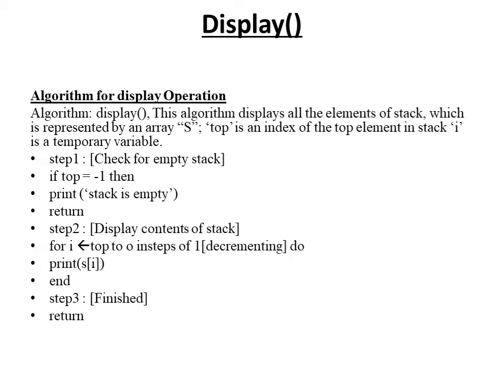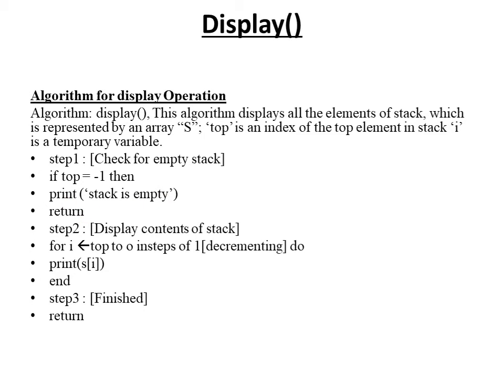Now I will explain step by step. Step 1: check for an empty stack. If top equals -1, then print stack is empty, because -1 is less than 0, that is, it is not a valid address in the stack, therefore it shows that the stack is empty.